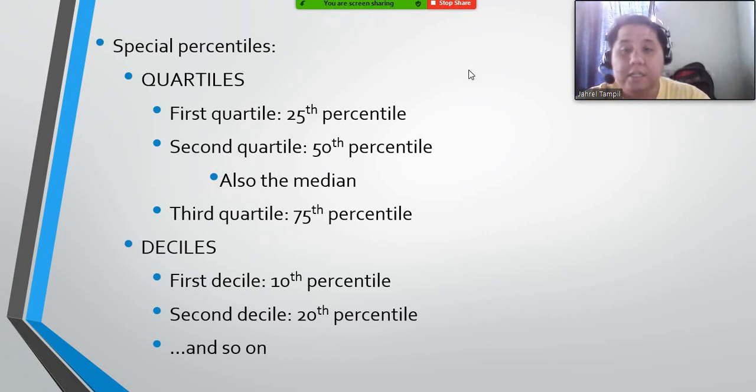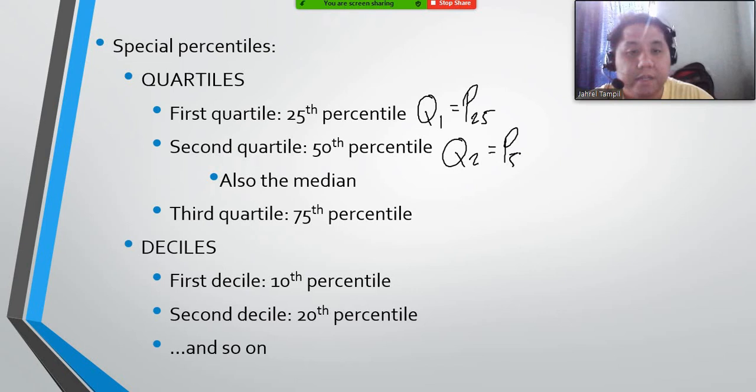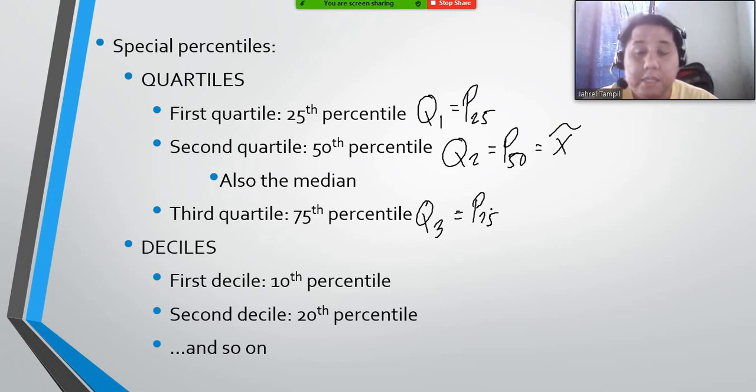So, as stated here, our first quartile, quartile 1, is actually the same as the 25th percentile. Quartile 2 is the same as our 50th percentile, which is also the same as our median. And quartile 3 is the same as our 75th percentile.